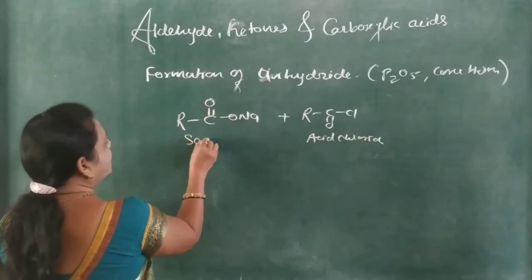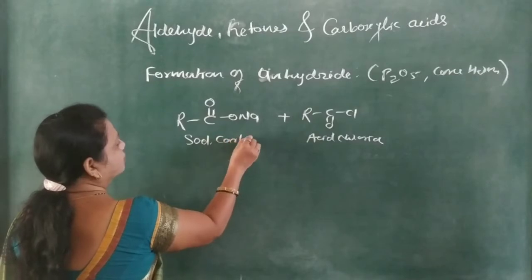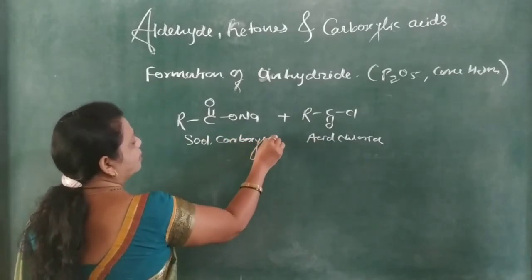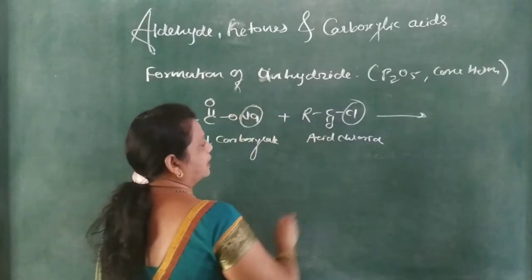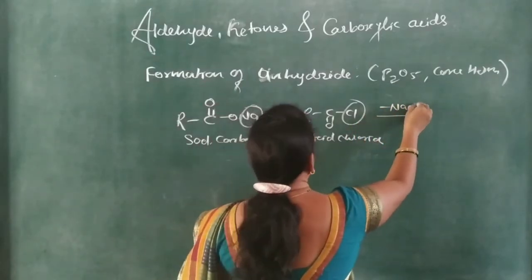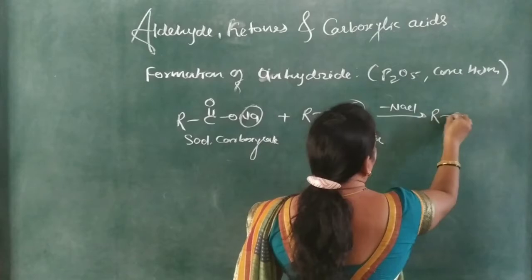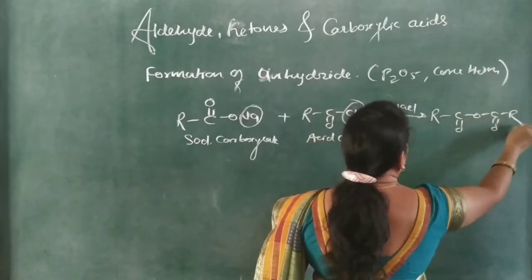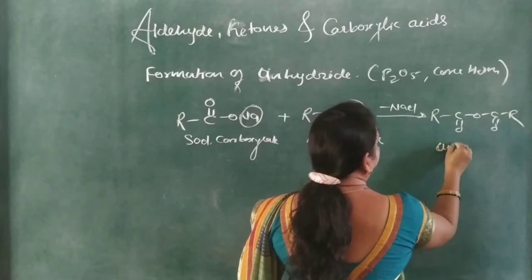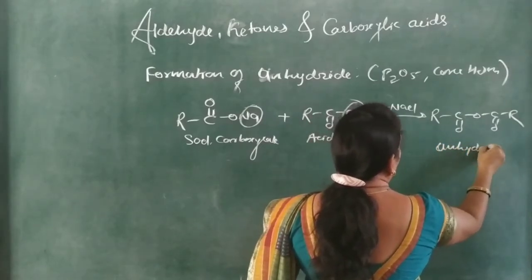When they are heated, Na combines with Cl, minus NaCl, and we get RCO-O-COR. That is anhydride, acid anhydride.